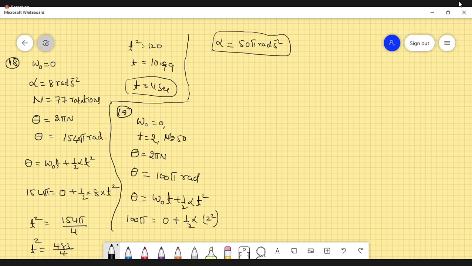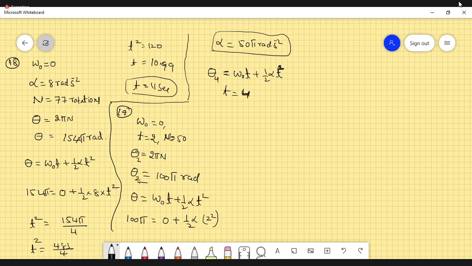Now how many revolutions in the next 2 seconds? First calculate theta. Theta equals omega naught t plus 1 by 2 alpha t square. This time use t equals 4 seconds, the total time. The first 2 seconds we already got; this is in 4 seconds.